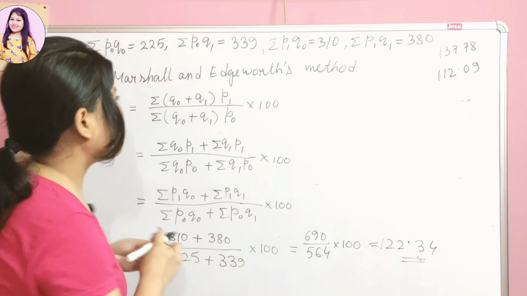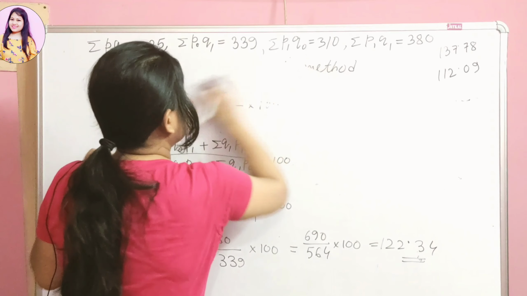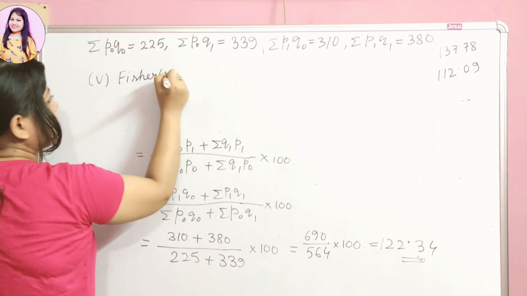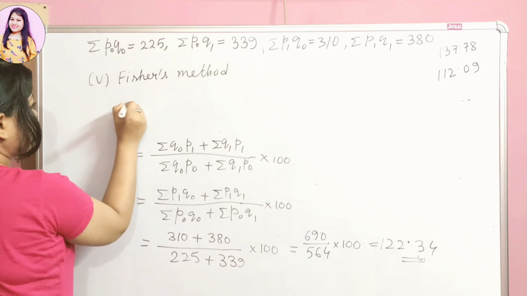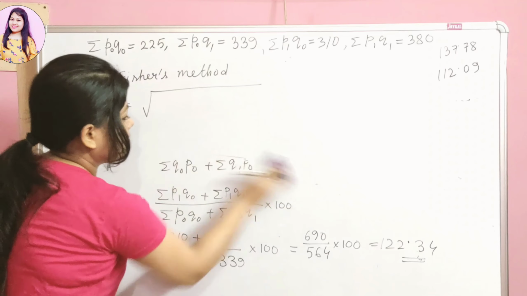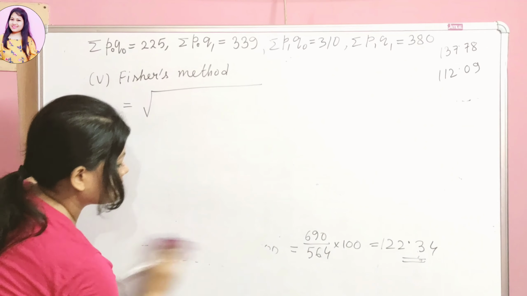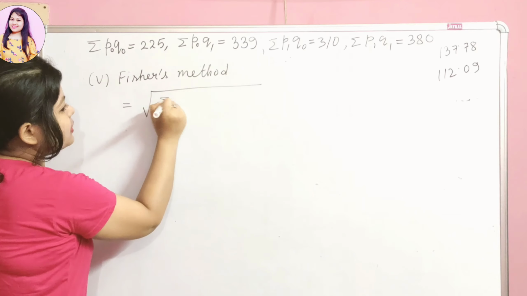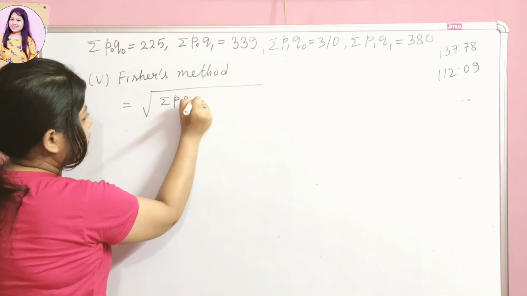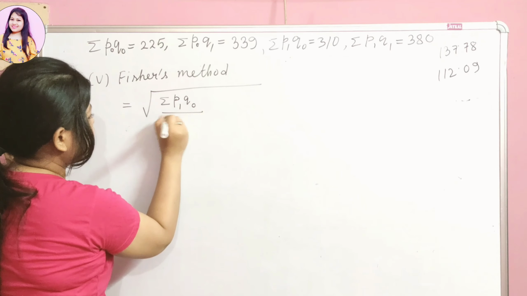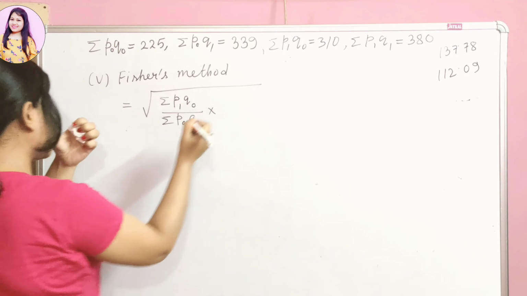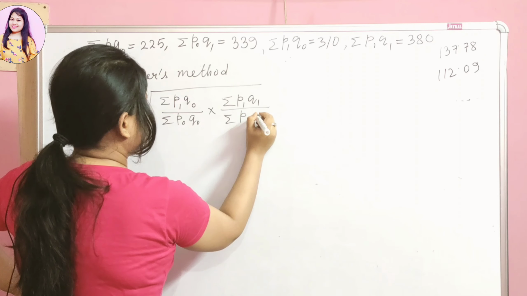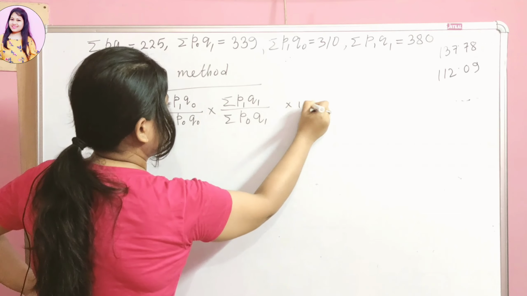The last one is we are to find out Fisher's index number, by Fisher's method. The formula is the square root of summation of P1 Q naught divided by summation of P naught Q naught, into summation of P1 Q1 divided by summation of P naught Q1, into 100.